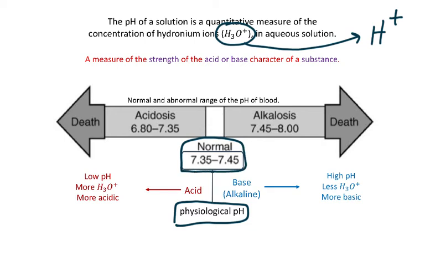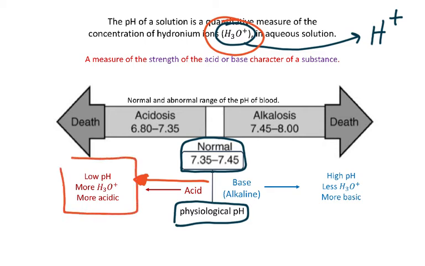And if pH goes down, that becomes more acidic. There's more hydronium in solution, but the pH is getting smaller. And when we get to actually calculating pH, you'll see why that is. But for now, the key takeaway: low pH is more acidic.